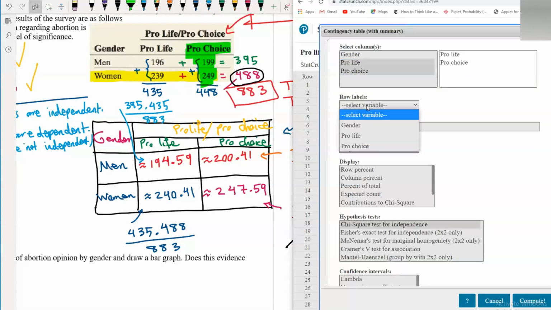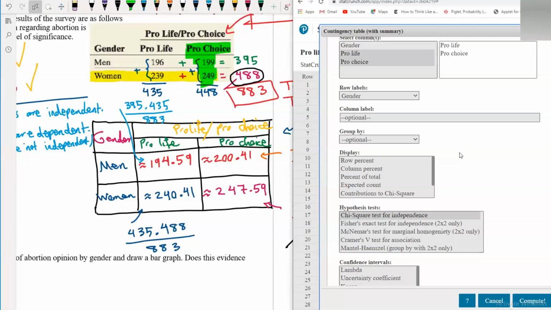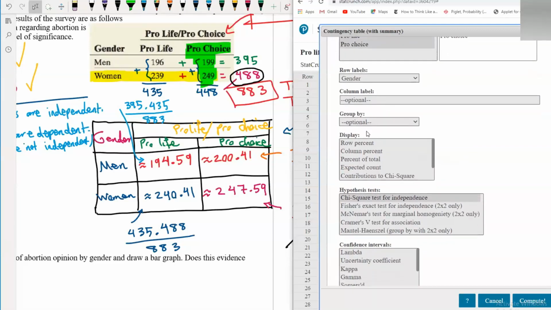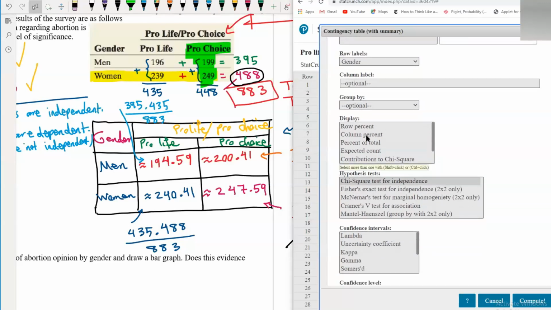And our row is gender. That part is optional. Now here in display, I'm going to choose, let's try these: percent of total, expected count, contribution to chi-square. We probably only need expected count, but let's try to find all these three.